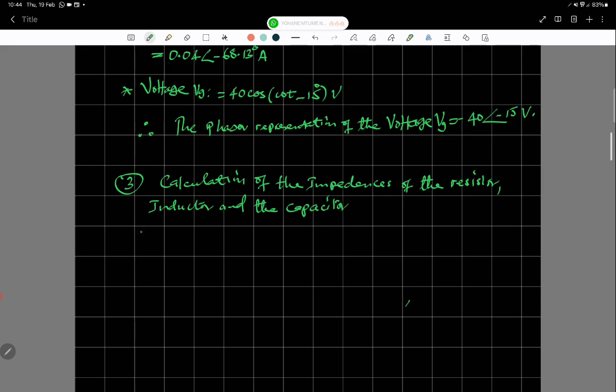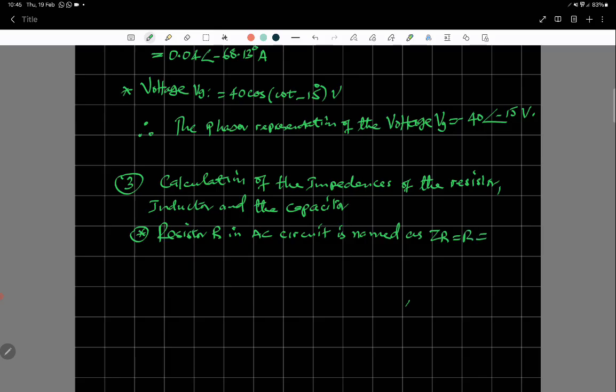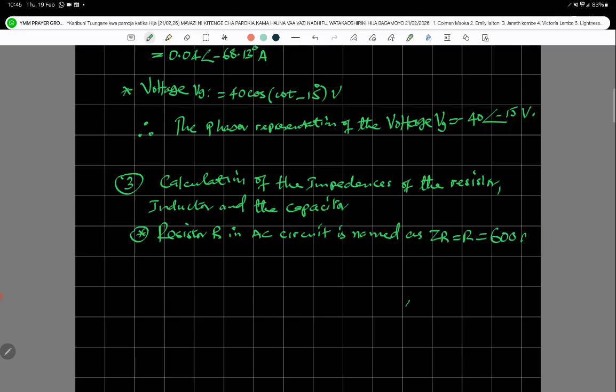The resistor R in an AC circuit is named as ZR, the impedance of the resistor, which is equal to R, which is equal to 600 ohms.